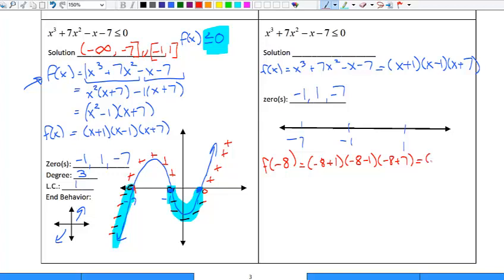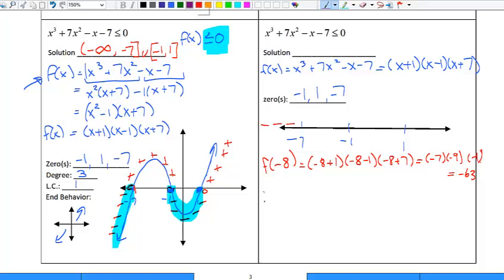So this gets me -7 times -9 times -1. The most important part is that it has 3 negatives, which is going to get you an answer of negative something. In this case, it's -63. But the fact is that it's negative, so the whole thing is negative, okay?